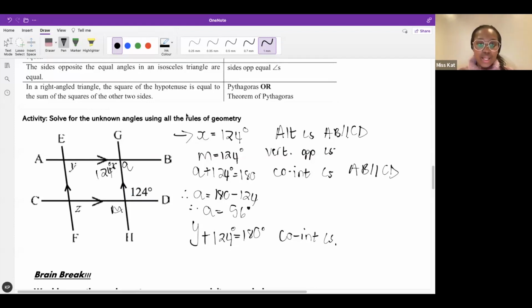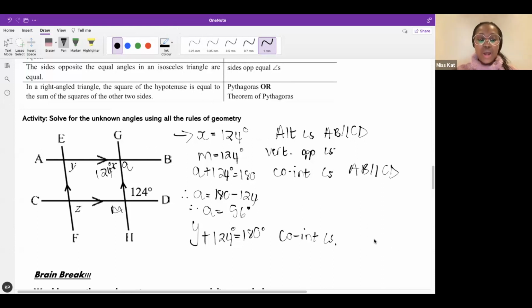Yes, I see a hand. Buhlali? Hi, ma'am. Hello. Ma'am, is it right if you say that Y is equal to A because of corresponding angles, or is that wrong? That is also correct. I just happen to use co-interior.